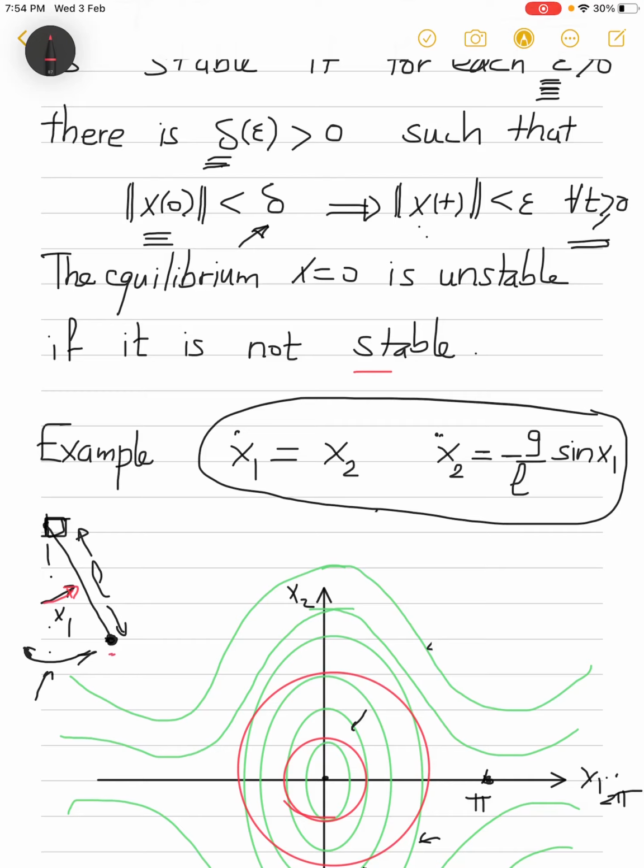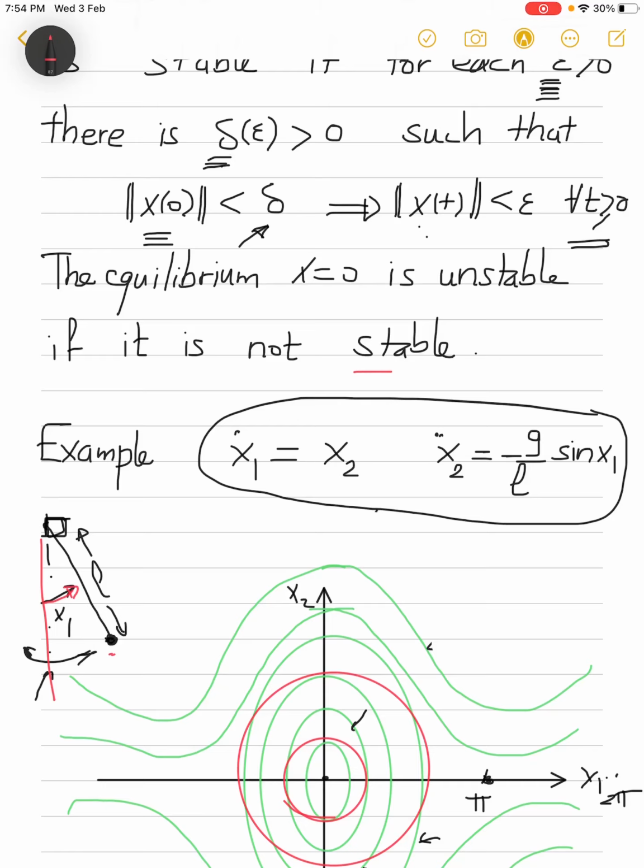We know that if we give the pendulum initial velocity and initial displacement from the 0 position, which is vertically down, then it will keep oscillating around the 0 position, the angle 0, x1 equal to 0.